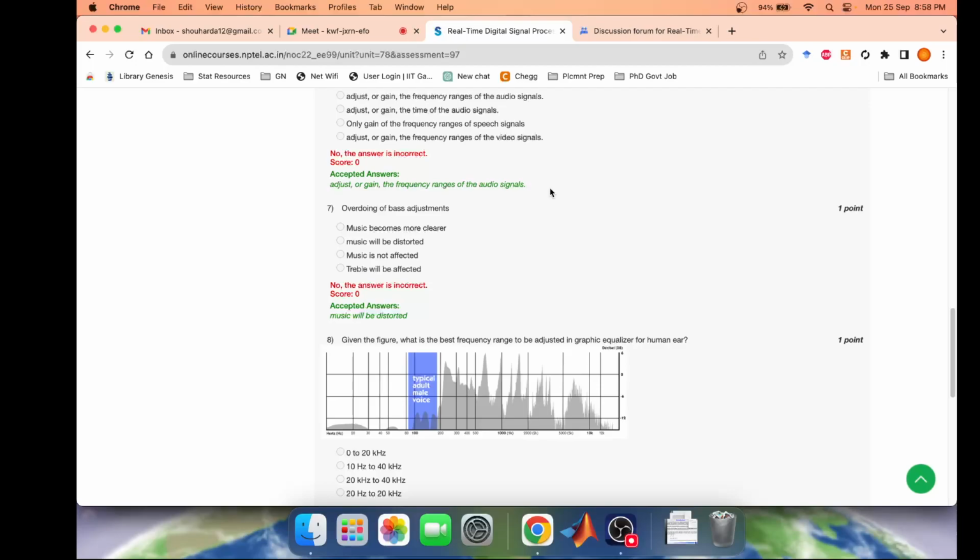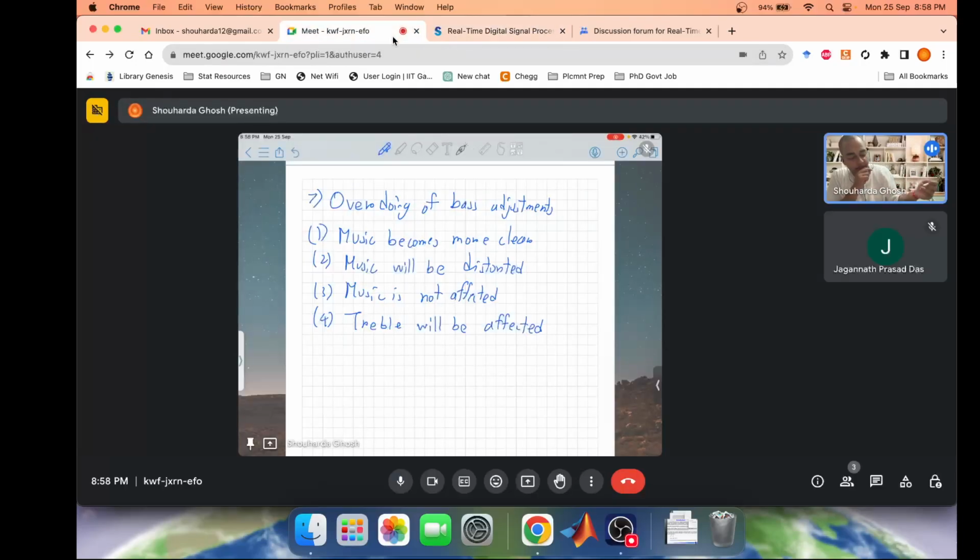Option 4, treble will be affected. Okay, so the correct answer that is given is option 2, music will be distorted.